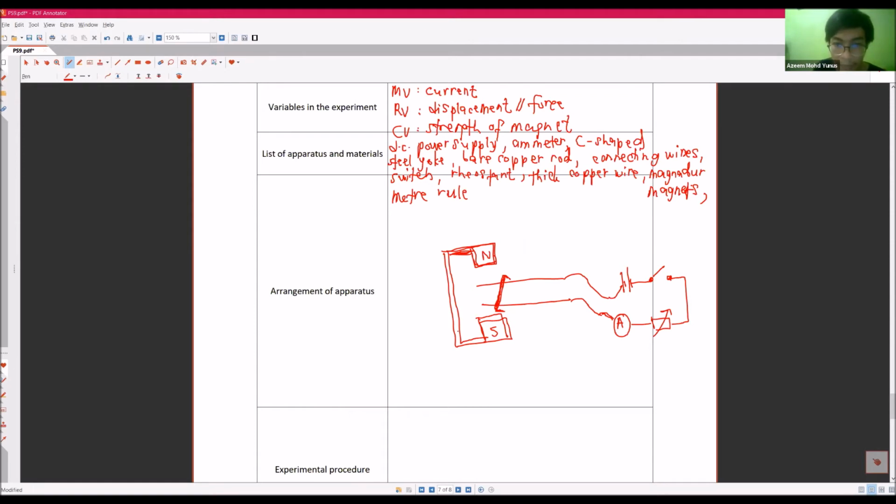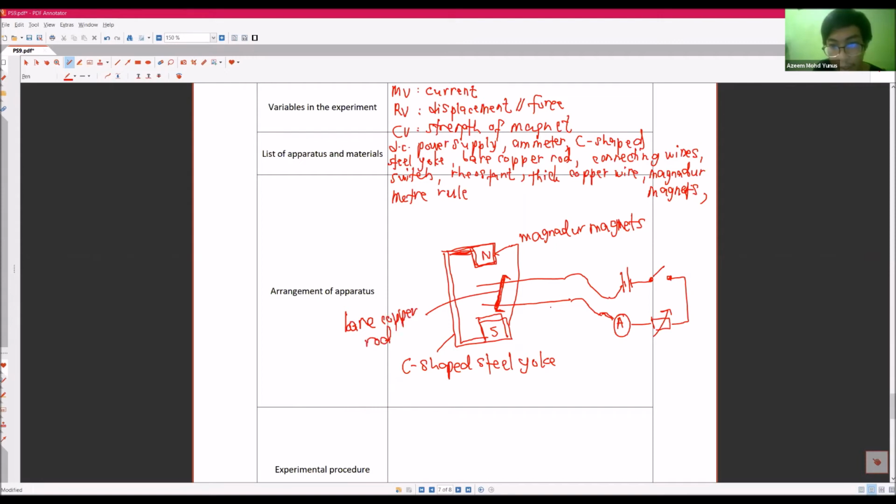So let's label the C-shape steel yoke, the other magnet, so here, and then the copper rod.